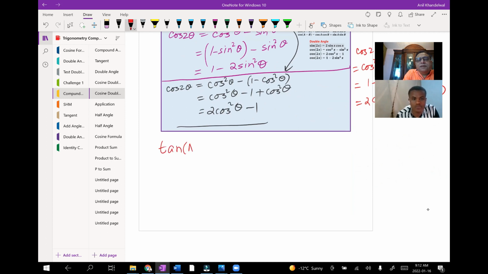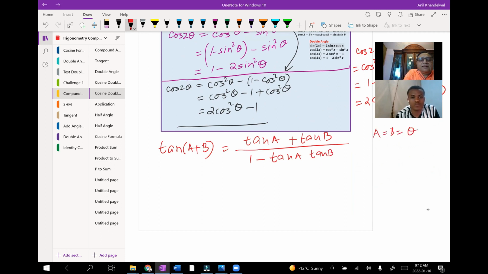We know tan A plus B is what? Tan A plus B is tan A plus tan B, over 1 minus tan A tan B, correct? Our strategy is replace A and B with theta. So we get tan 2 theta, which is theta plus theta. We get tan theta plus tan theta over 1 minus tan theta times tan theta, correct?